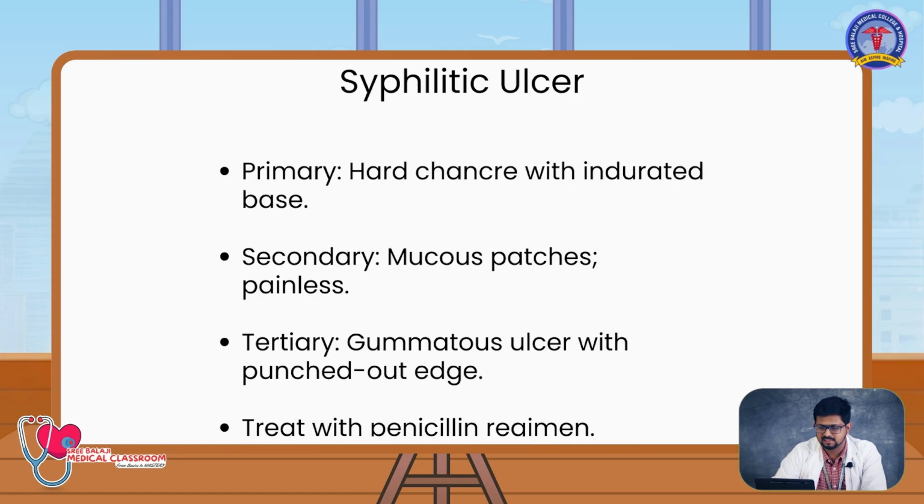Syphilitic ulcer is another type of ulcer, which can be divided into primary, secondary and tertiary. Primary is a hard chancre with an indurated base, secondary is a mucous patch which is painless, and tertiary is a gummatous ulcer with punched out edges. These syphilitic ulcers are treated with a penicillin regimen.